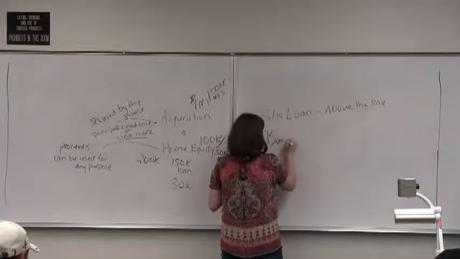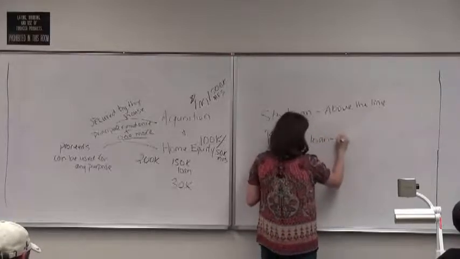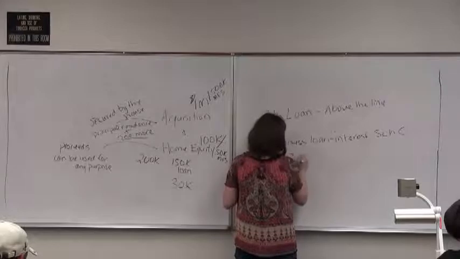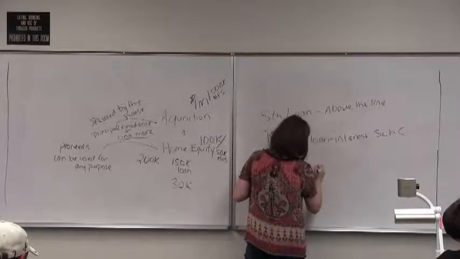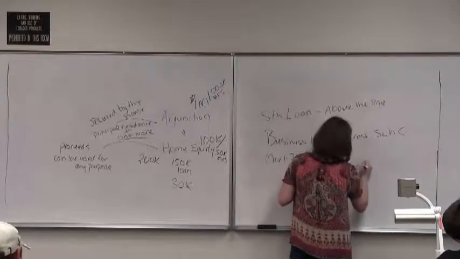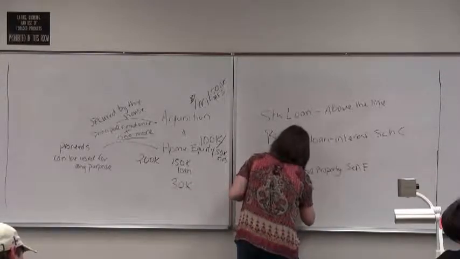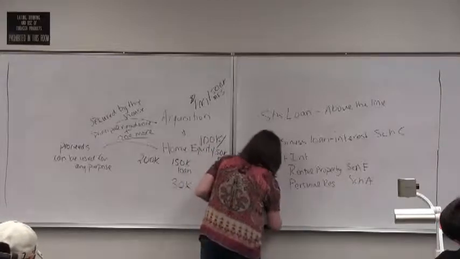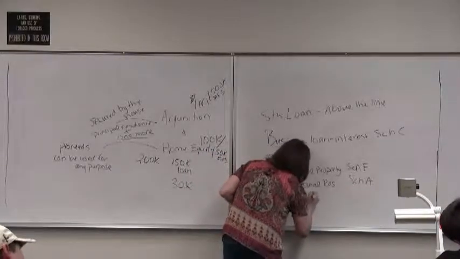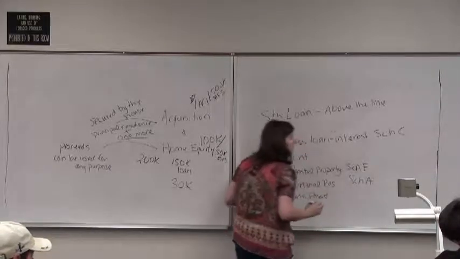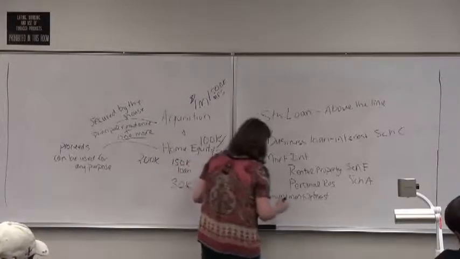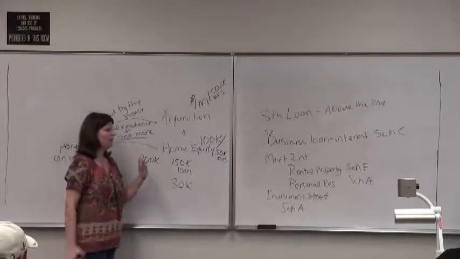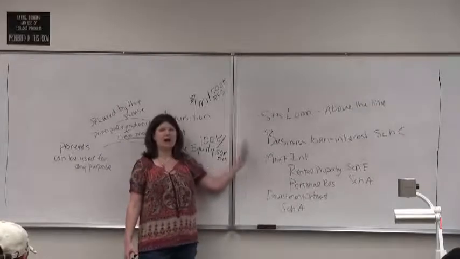If we have a business loan, and there's some interest there, that's Schedule C. If you have mortgage interest from a rental property, that's Schedule E. If you have just your personal residence, that's Schedule A. If you have investment interest, I don't know if that's on here, but that's also going to be on Schedule A. So depending upon what the loan is used for will affect how it is reported on the return.